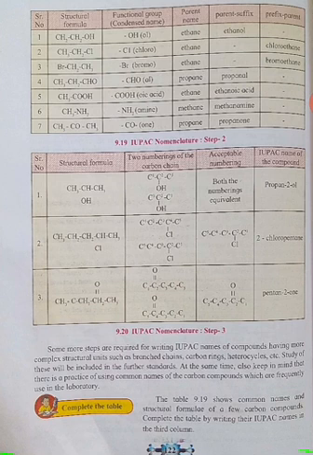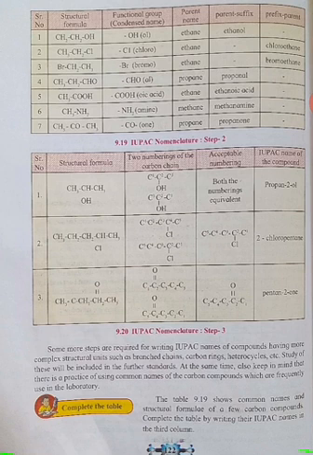In the sixth example, the structural formula is CH3NH2. Here the functional group is NH2, that is the amine group, and the parent name methane will be changed to the suffix form methanamine.